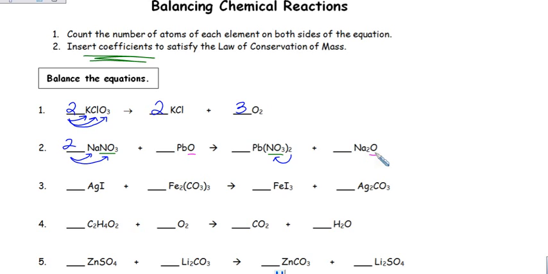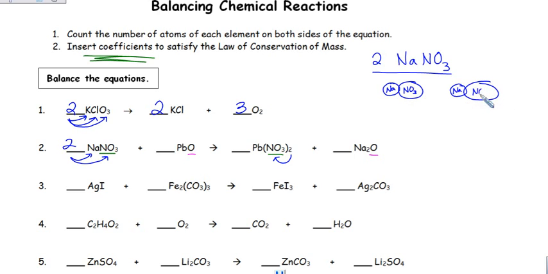Now, here's the difference. When I say that I have 2 NaNO3, it means that I have 2 separate molecules that maybe we could just kind of write as if they looked like NaNO3. And then I have another one, NaNO3.